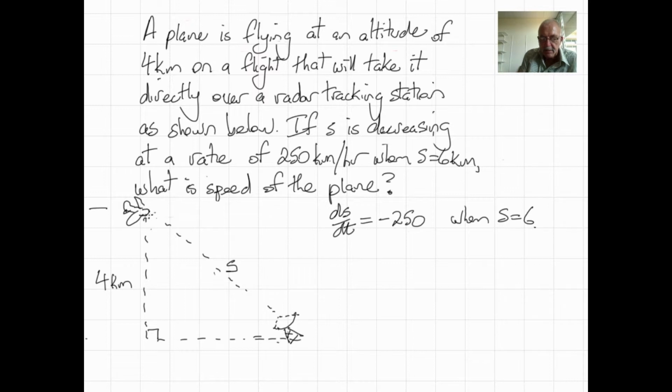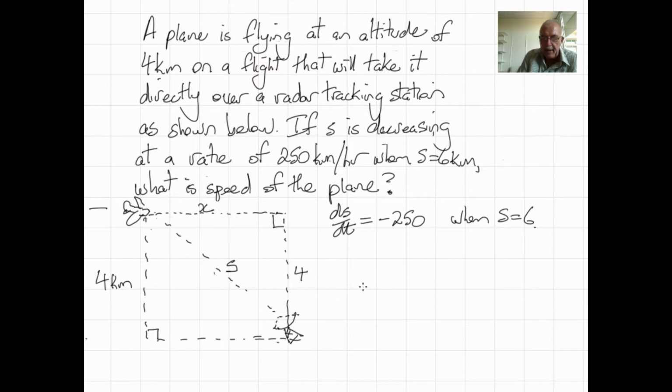Now, the plane is flying at a constant altitude of 4, so it is actually going on that path, parallel to the Earth. So if you like, we could draw a right angled triangle here and make that 4. It'll be the same as on that side.